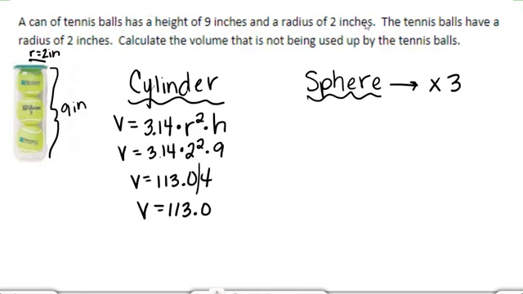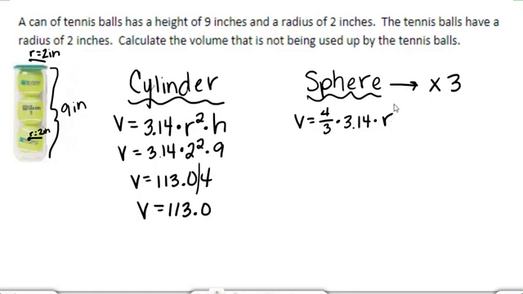So that's inside, and it tells us the tennis balls have a radius of 2 inches. So I'm going to draw inside radius of 2 inches of each of the tennis balls. All right, so let's write our formula for sphere. V equals 4/3 times pi. Again, we're going to use 3.14 because that's what your practice problems have you do.